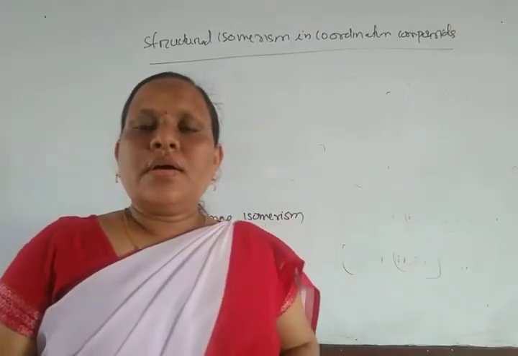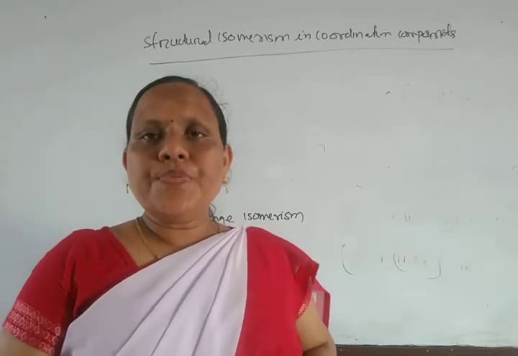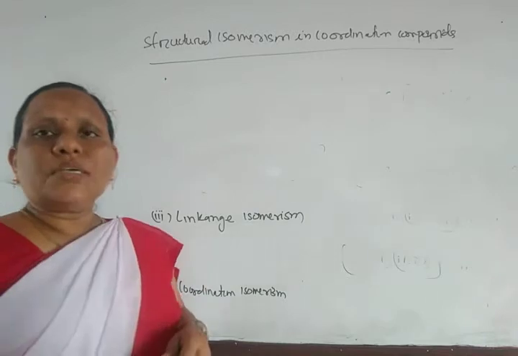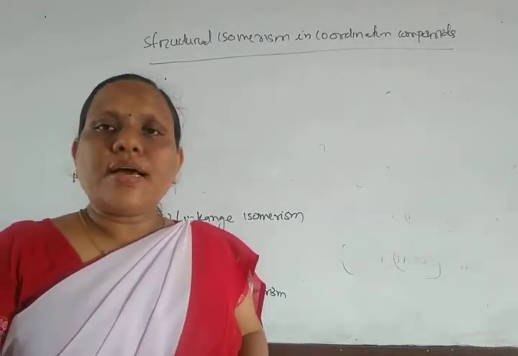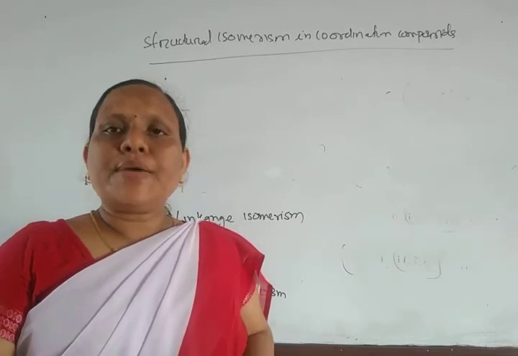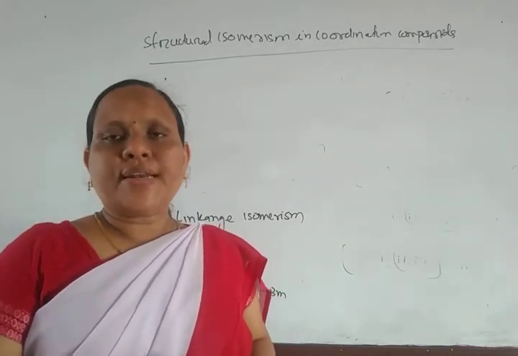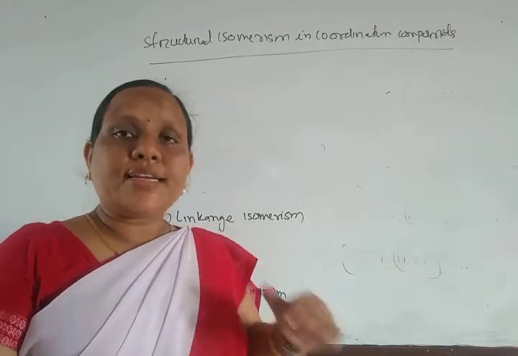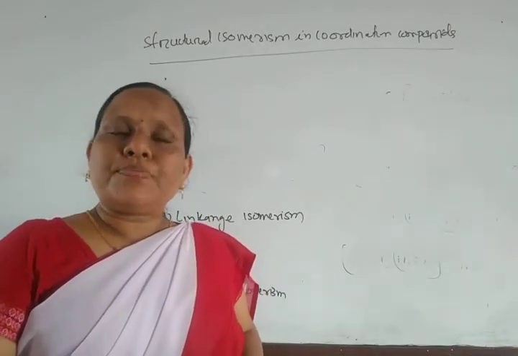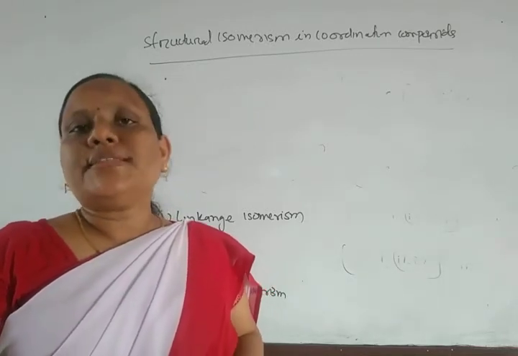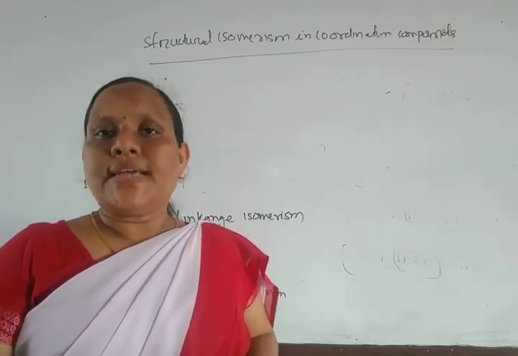Okay. Now next come to linkage isomerism. So when the same molecular formula represents two compounds which differ by the point of attachment of the same ligand at different sites, that is known as linkage isomerism.